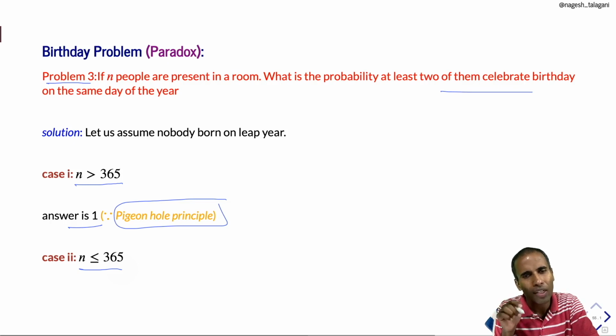But with this assumption, our outcomes are going to be equally likely, so that we will be able to apply the classical definition of probability to compute the probability. So the problem becomes easy. But with this assumption, the answer we get will be pretty close to the answer you get in reality.